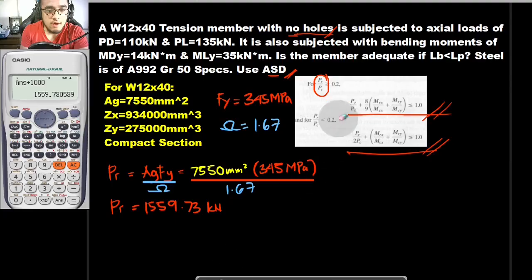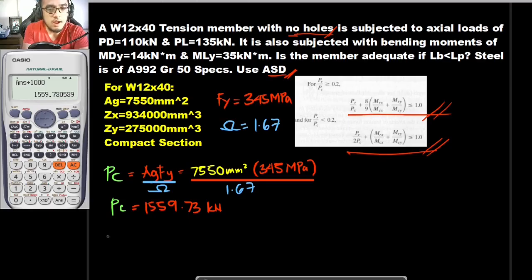So we already have PR here. And as for our PC, oh, by the way, this is not PR. So this should be PC. So PC nga pala to kasi ito yung strength na mismong ating W12 by 40. And for our PR, I should have solved for this first.